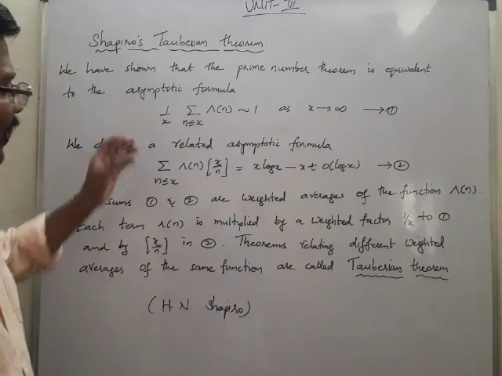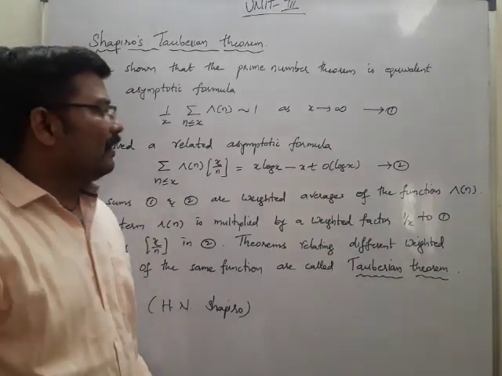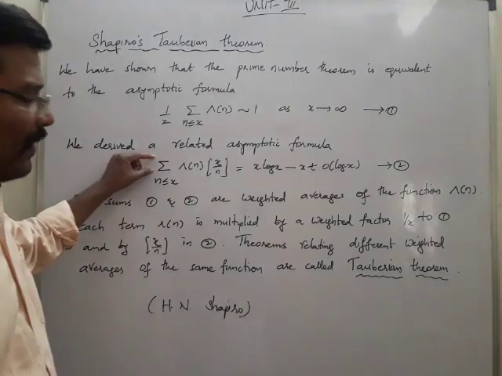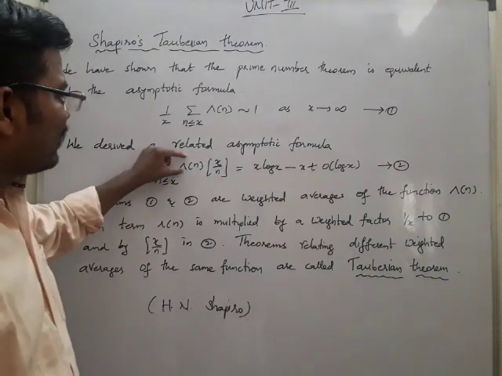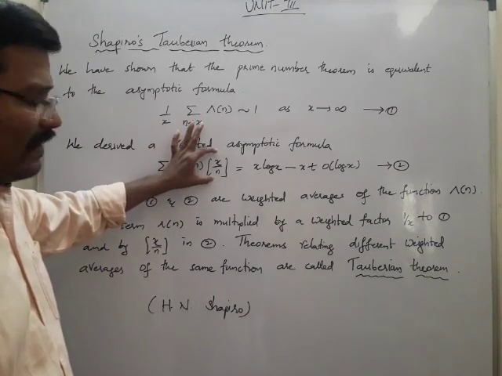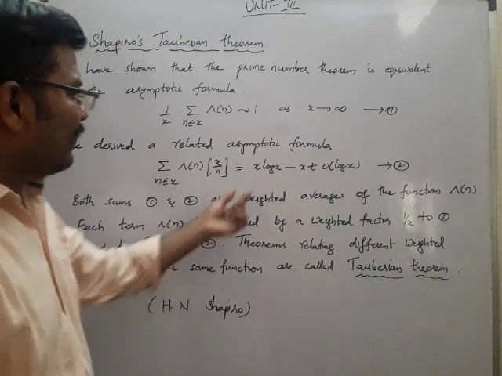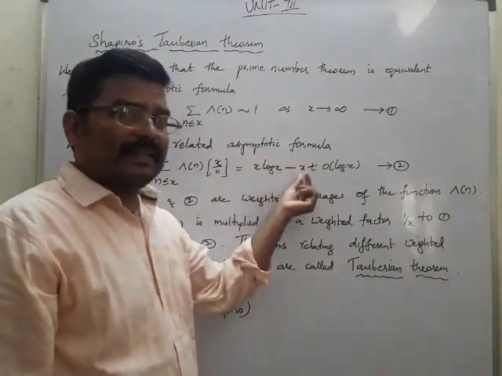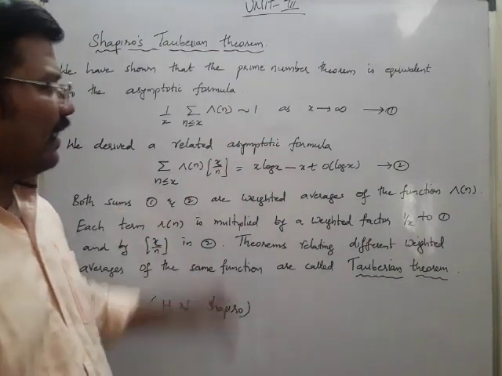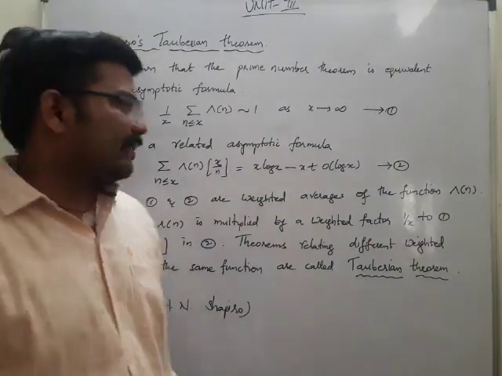Then we have already derived a theorem which gives the formula: summation n less than or equal to x of lambda n, floor of x by n, is equal to x log x minus x plus little o of x. These are the two equations we have already derived in the previous theorems.